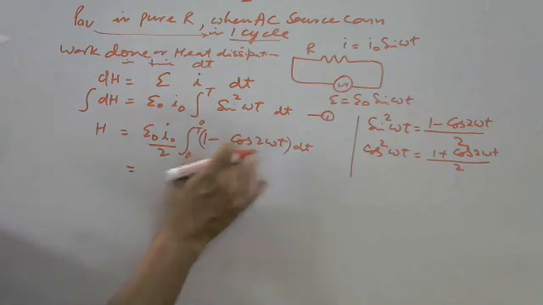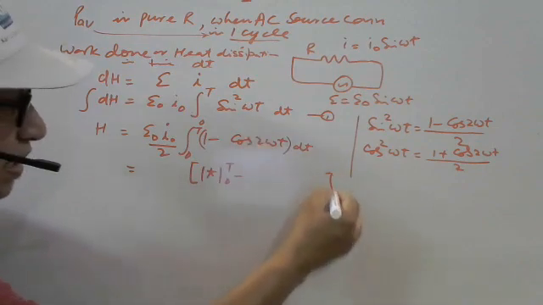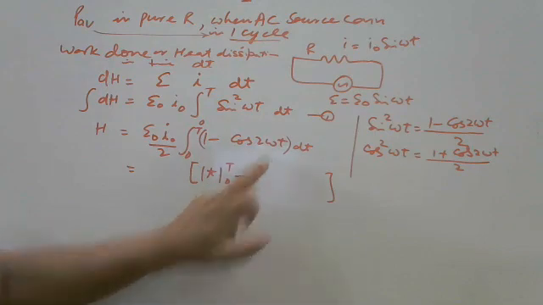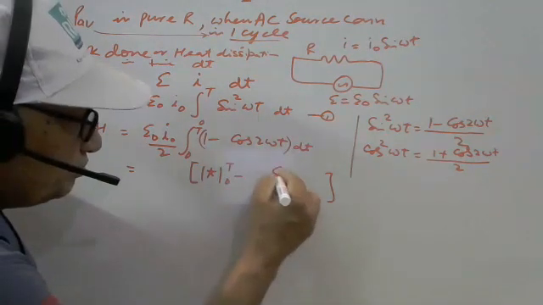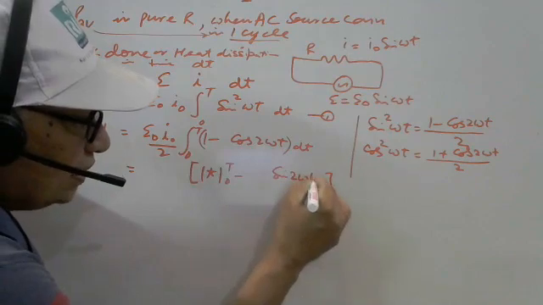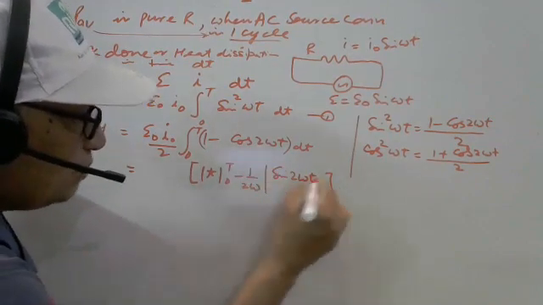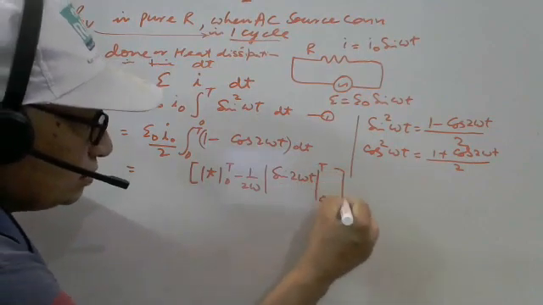Integration of 1 dt means t only, from 0 to T. What is the integration of cos 2 omega t? It is sin 2 omega t upon 2 omega, because of the multiplier here. We put in the integration limits 0 to T.